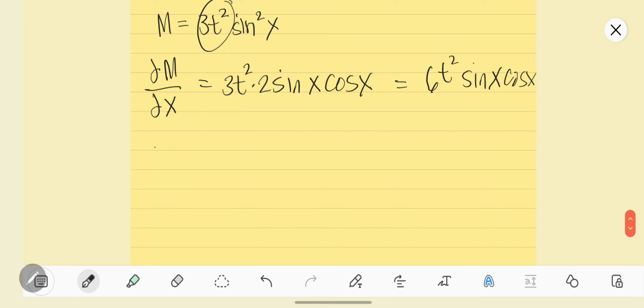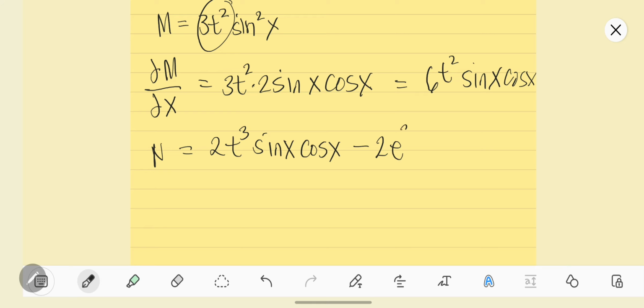Next is our n. So our n is 2t cubed sine x cosine x minus 2 e to the 2x dx.